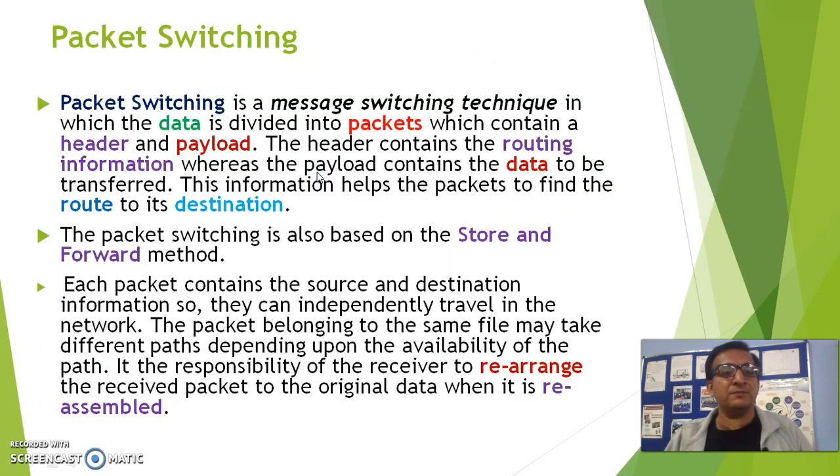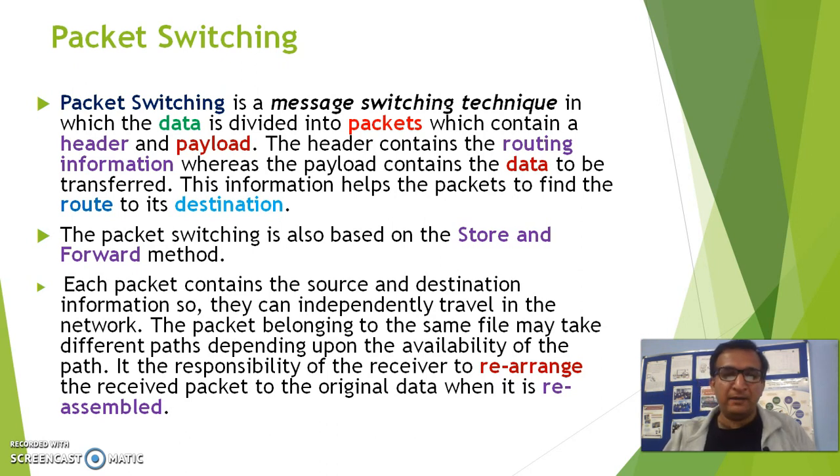Packet switching is also a message switching technique in which the data is divided into packets, which contain a header and a payload. The header contains the routing information, whereas the payload contains the data to be transferred. This information helps the packet find its route to the destination. Packet switching is also based upon the same store and forward method.